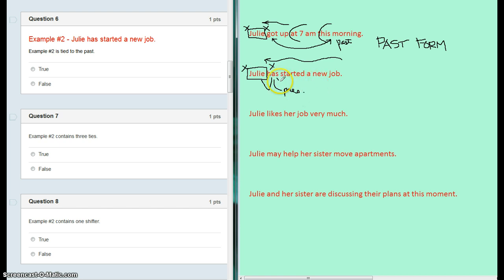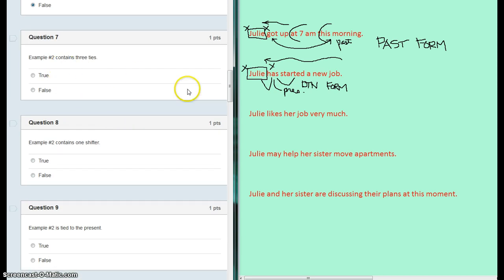And has ties with started. Started is the DTN form. Okay. So, example number 2 is tied to the past. No, that's false. It's tied to the present.